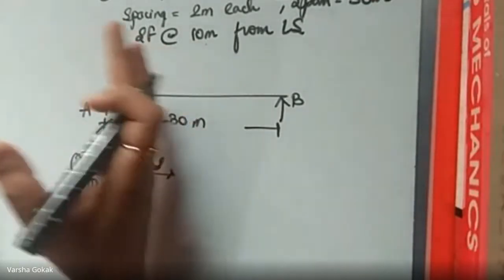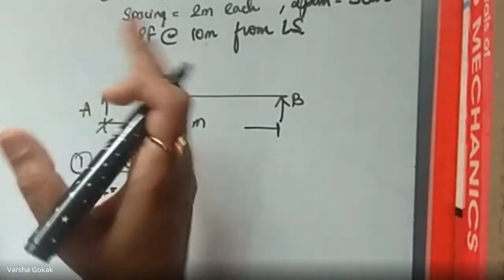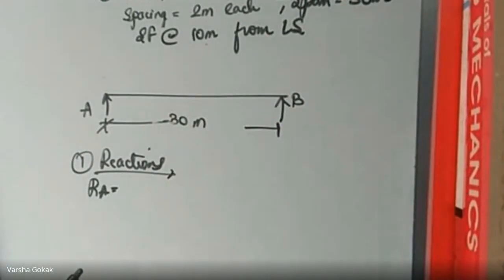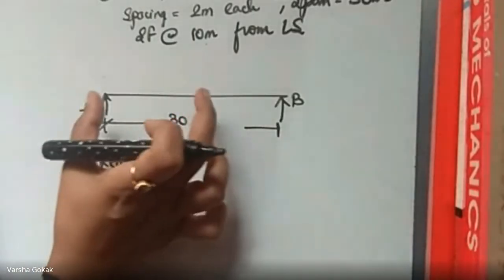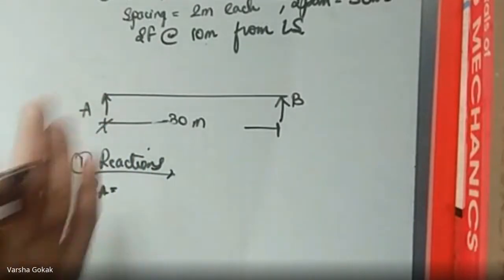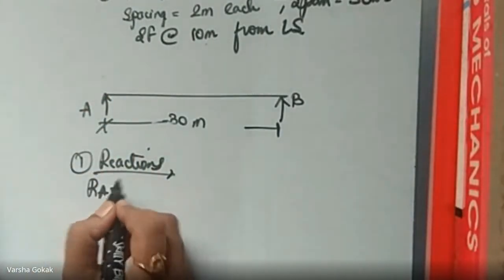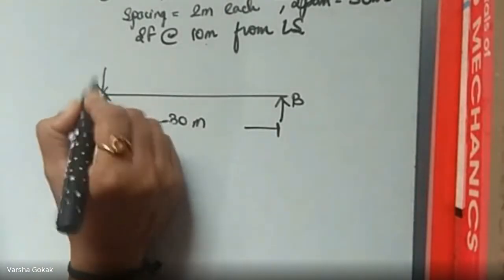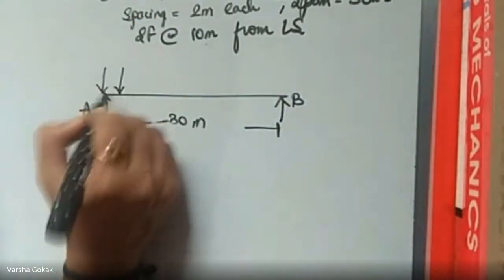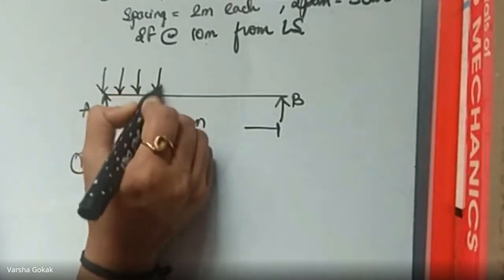When the loads are towards A, or when the loads are towards B? Towards A. When the loading is more towards the A side, the RA reaction value is going to be more.